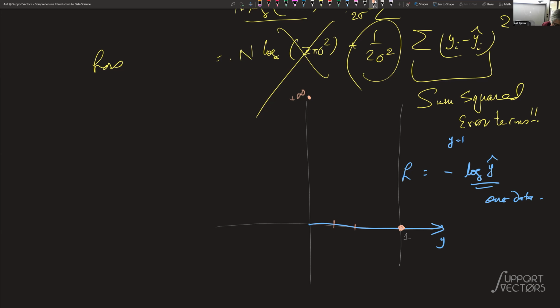So let's make a few halfway stations: 0.25, 0.5, 0.75. Would one of you try to tell me what is the negative log of 0.25? On your calculator, or just tell me what is the negative log of 0.25? Let's do it.